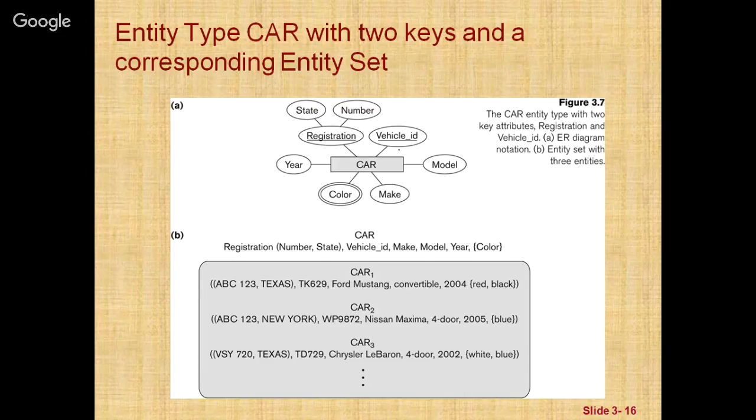The registration is an example of a composite key formed from two simple component attributes, that is state and number, neither of which is a key on its own. An entity type may also have no key, in which case it is called a weak entity type.